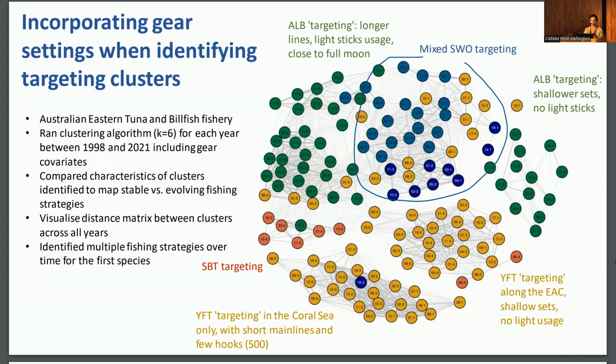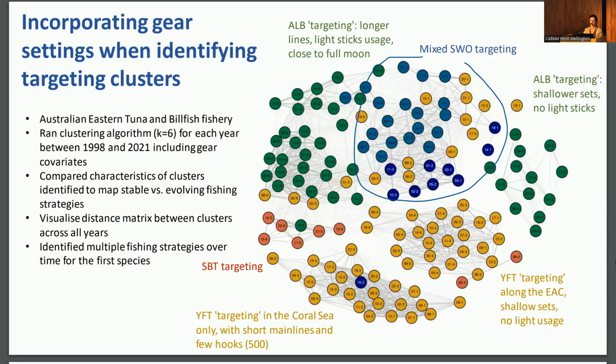So instead of having a cluster algorithm run over the whole period of the data that we were trying to index, so that's 1998 to 2021, we instead built a clustering algorithm that includes species proportion, but also gear effects. So I'm thinking the length of the main line, the number of hooks, whether there was lights usage, that type of side effects. And we ran the clustering algorithm separately for each year.